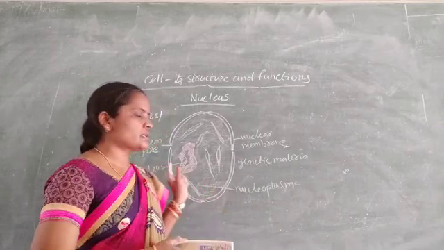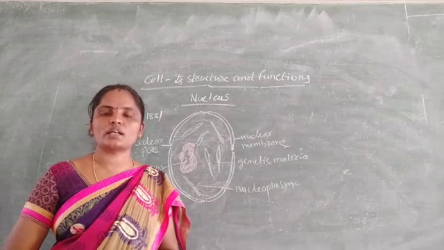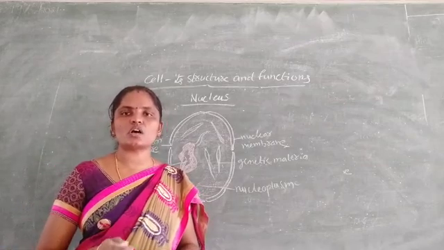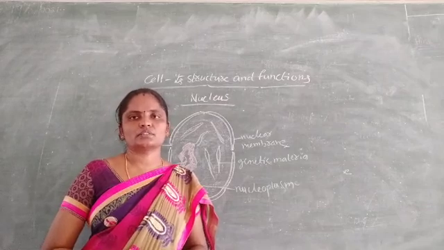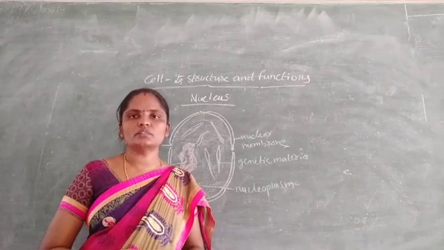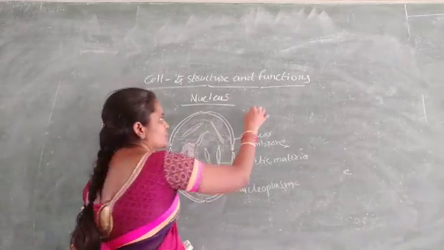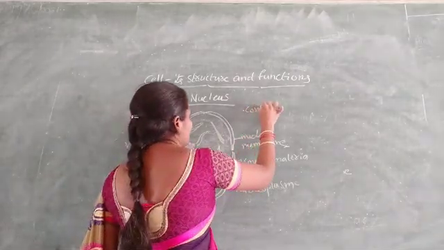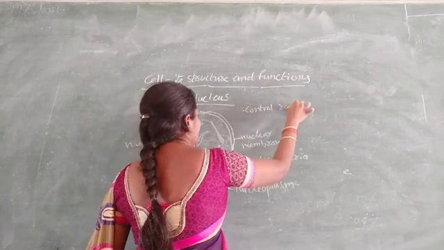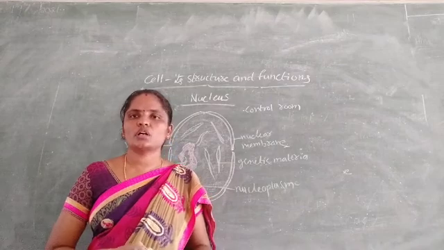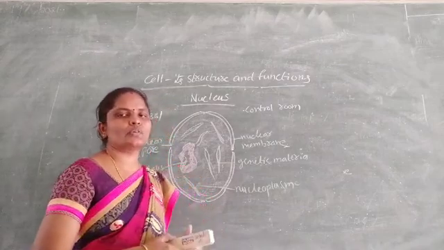But it is the most important organelle of the cell as it controls all the functions of the cell. It controls and regulates all the functions in the cell. So the nucleus is called the cell's control room.